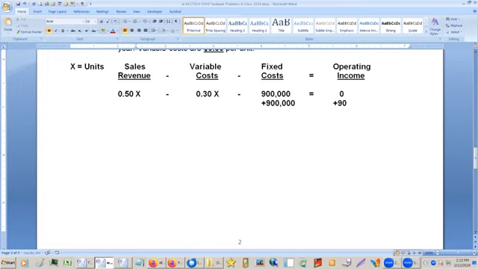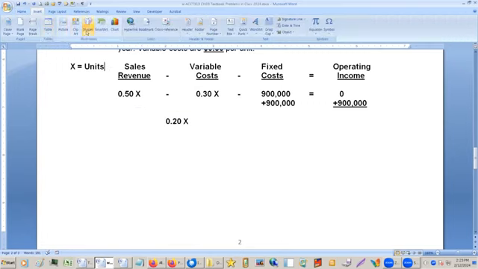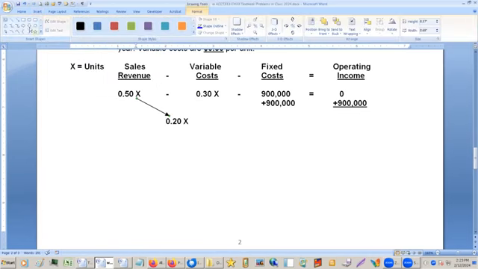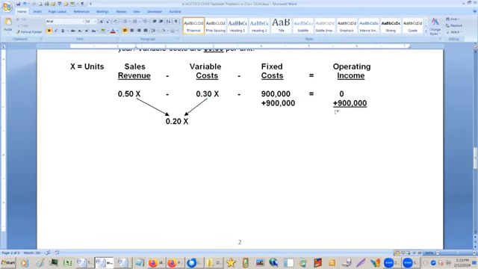Getting all the numbers on one side, we're going to add the 900,000 to each side. Combine our terms here. $0.50 minus 30 cents is what, 20 cents? Equals 900,000.